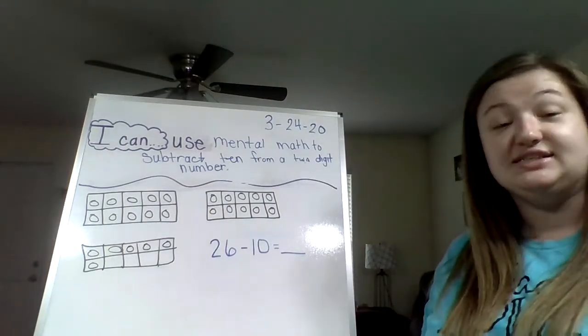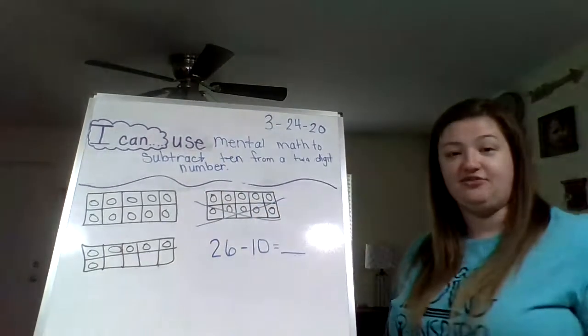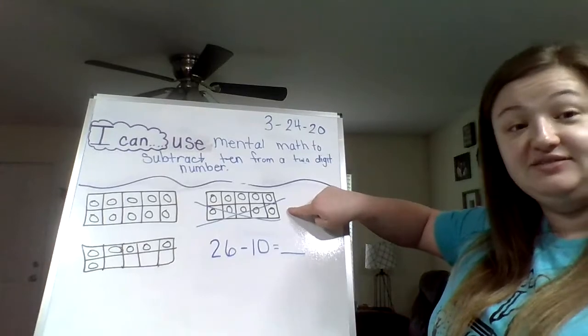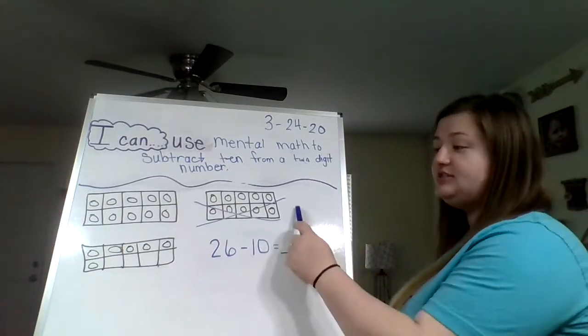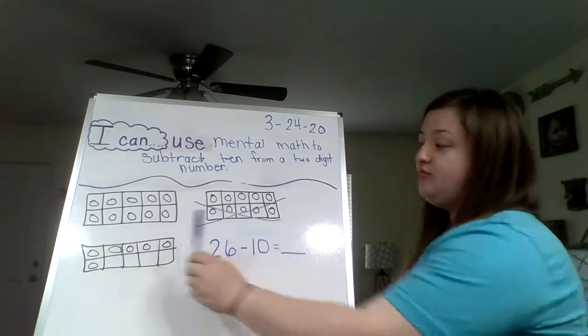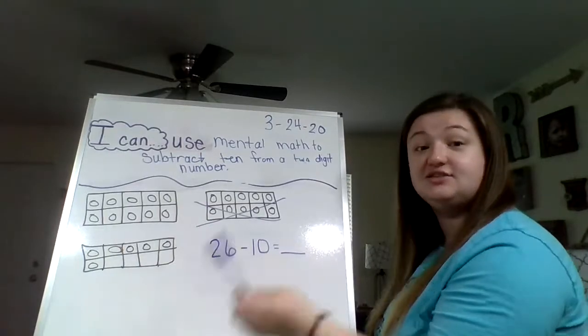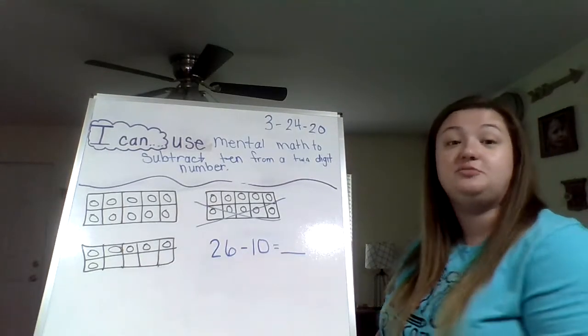The easiest way to take 10 away is just going to be to mark out one of those complete 10 frames. Because I know that this is 10, right? A full 10 frame has 10 in it. So I know this is 10. And now all I have to do is count. Well, this is 10 and this has 6. So 10 plus 6 is 16. So 26 subtract 10 would be 16.